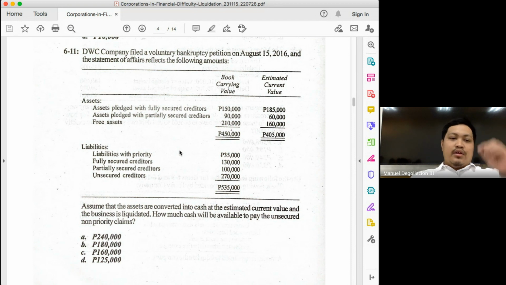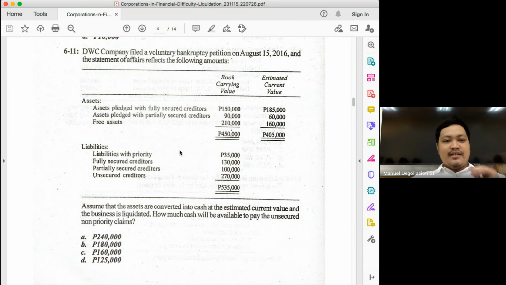Okay? Do we have partially secured liabilities in this problem? Yes, in the amount of 100,000. Why are they considered partially secured? They are secured because assets are set aside to pay them off. But they are only partially secured because the value of the assets pledged is not enough to cover the entirety of their claim. Okay, how much is the value of the assets pledged for the partially secured creditors, class?